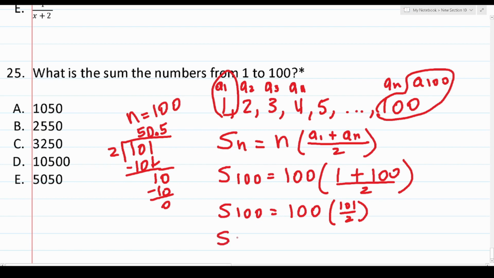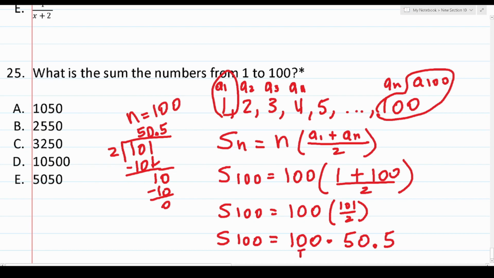So this is S to the 100 equals 100 times 50.5. You don't have to work this out the long way, because anything times a power of 10 simply prompts you to move the decimal place in this number. So again, a power of 10 is 10, 100, 1000, and so on. So specifically, we're going to take this decimal in 50.5 and shift it to the right by how many zeros there are in this power of 10.